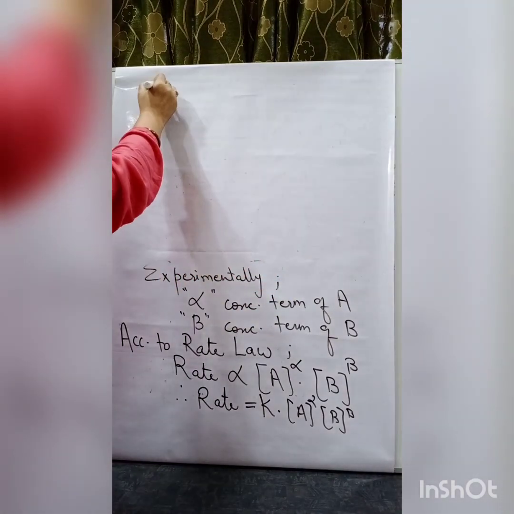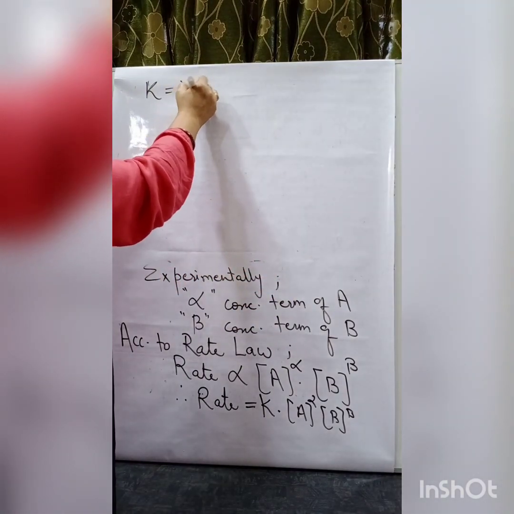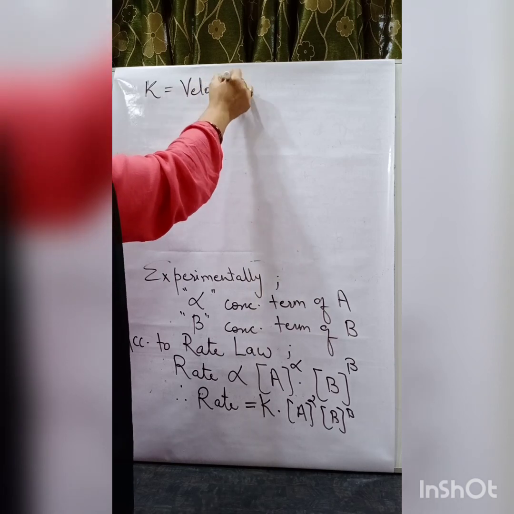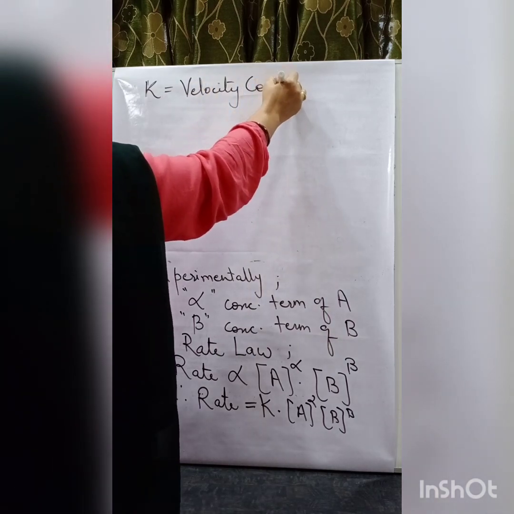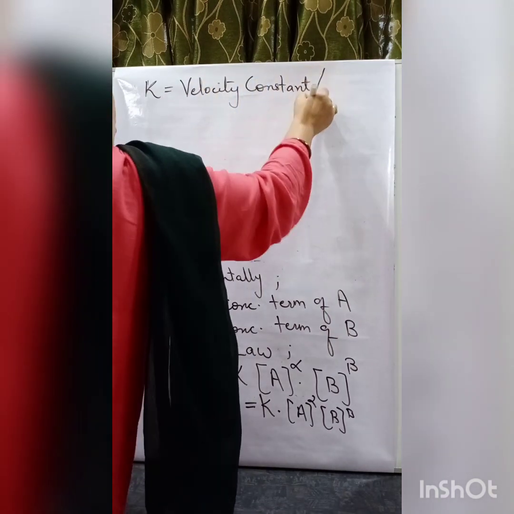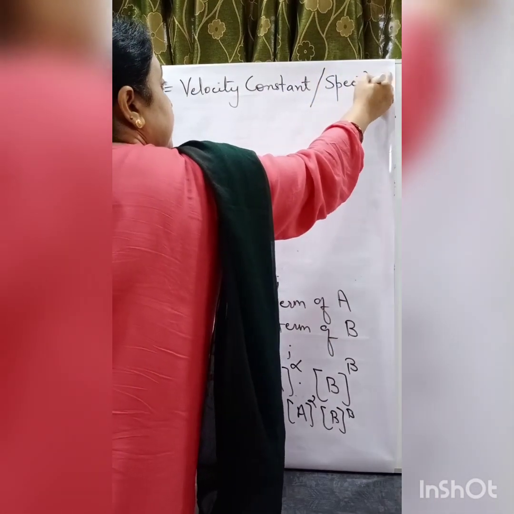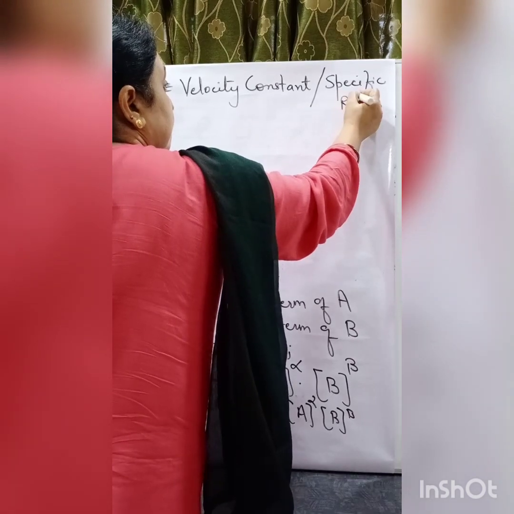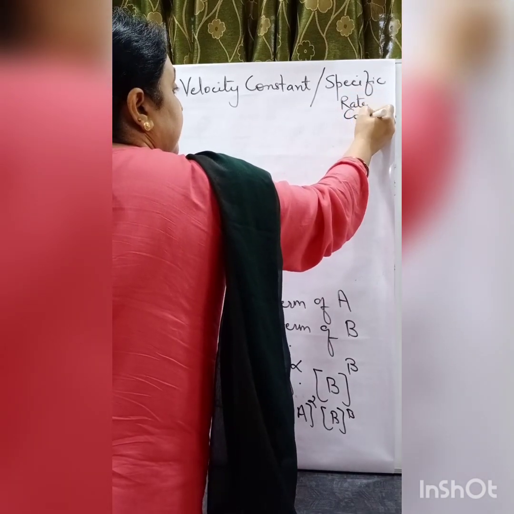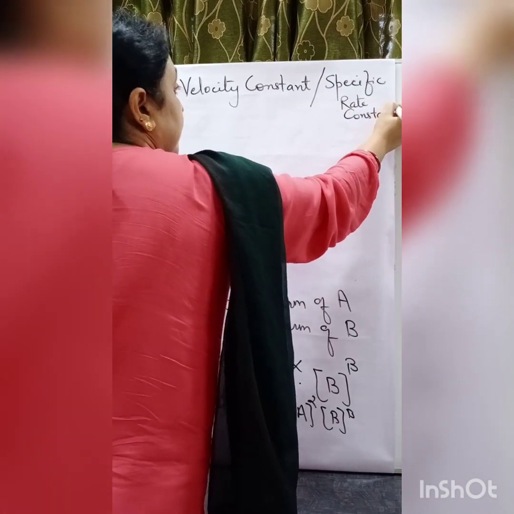This k is known as velocity constant, or we also call it the specific rate constant. We will be defining this afterwards.